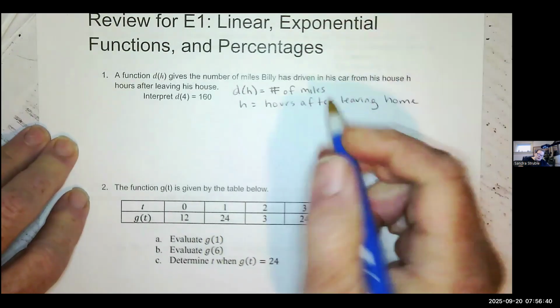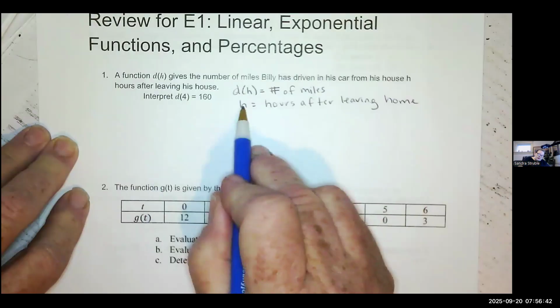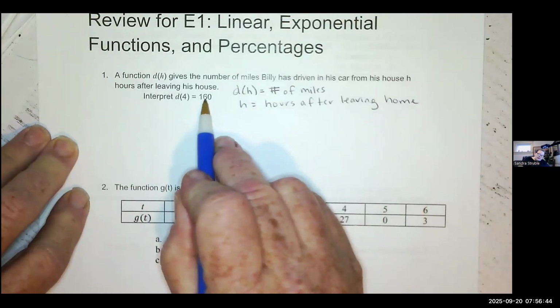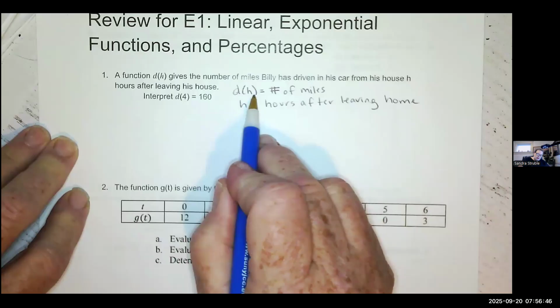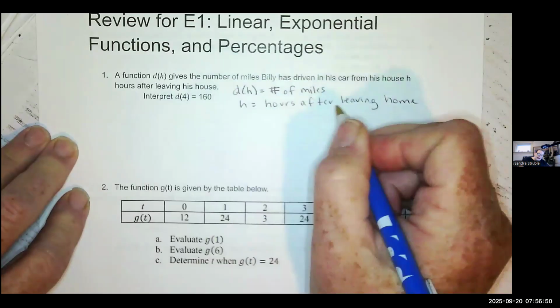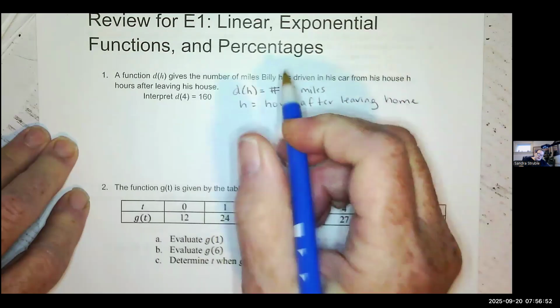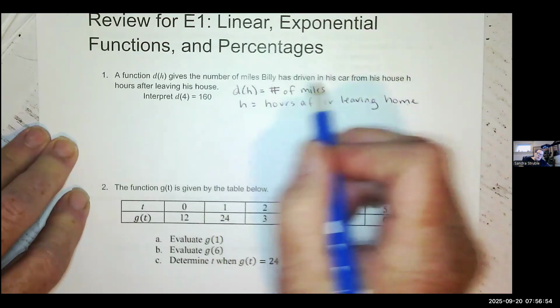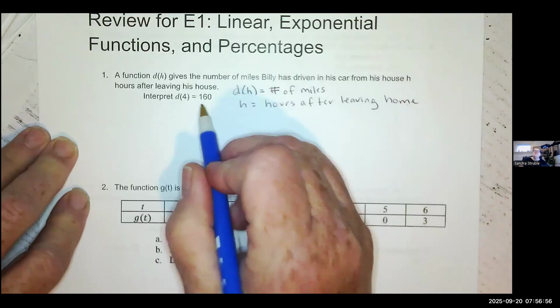All right. So the 4 is representing the h. The 160 is representing the d of h. So 4 hours after leaving home, Billy drove 160 miles.